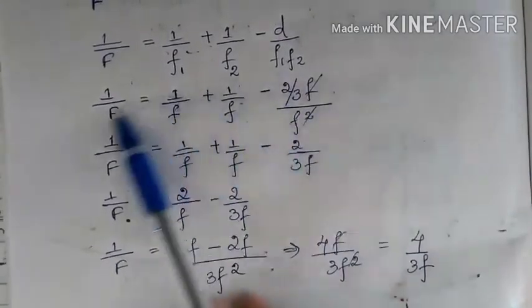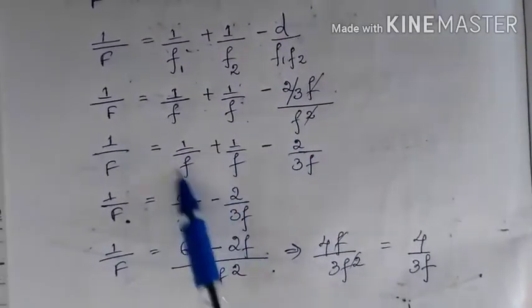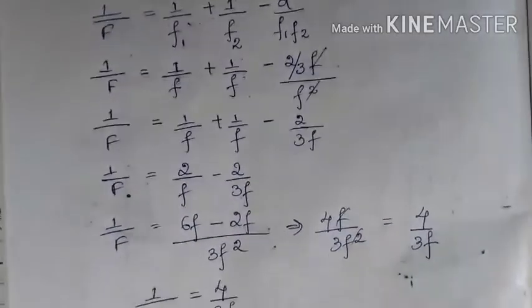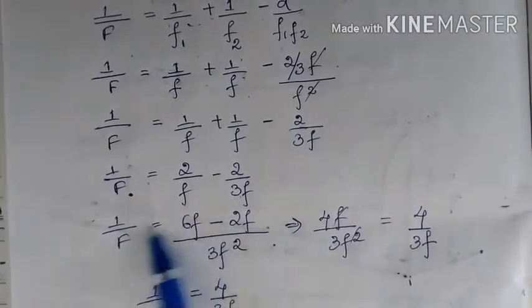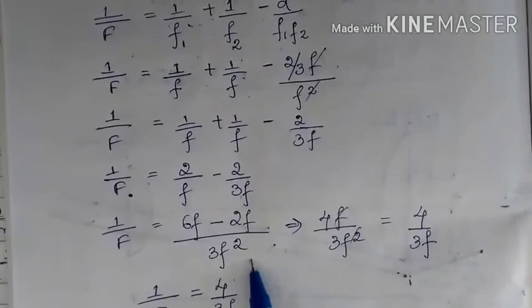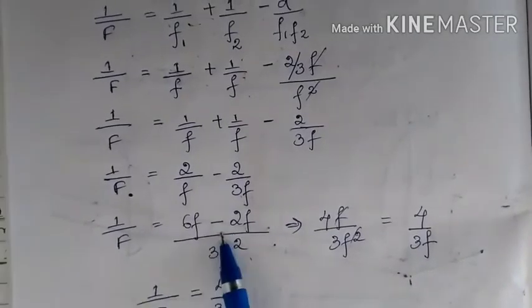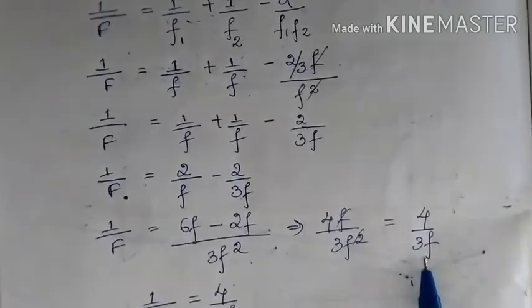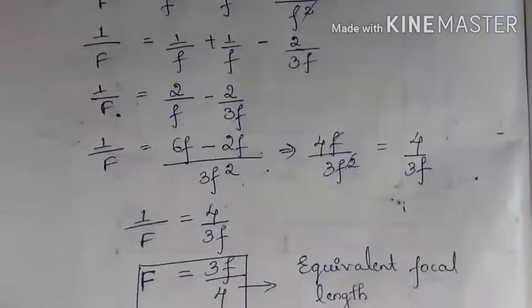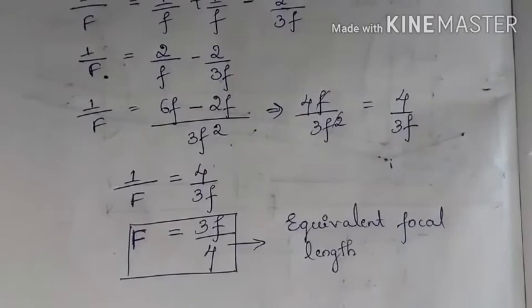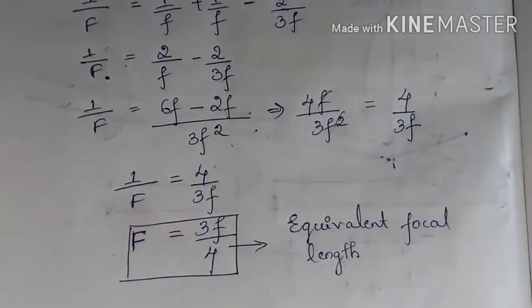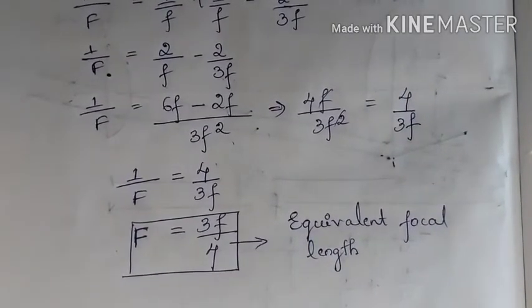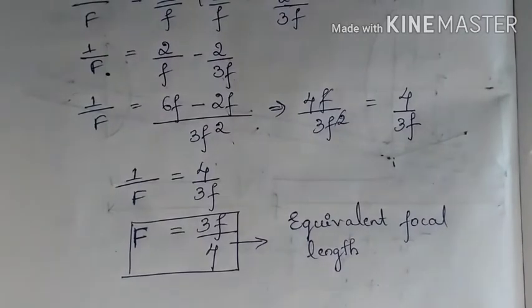If you solve this, you finally get 6f minus 2f by 3f square. And again if you solve this, you get 4 by 3f, and if you take the reverse of this, then you get the equivalent focal length. So we found the equivalent focal length for the Ramsden's eyepiece.